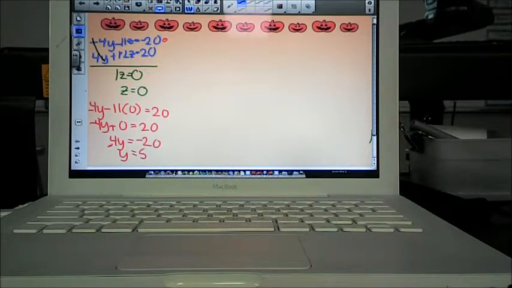So putting z and y back into the original equation, I'm going to choose 2x minus 10y plus 3z equals negative 20. So it is 2x minus 10 times 5, plus 3 times 0, equals negative 20.